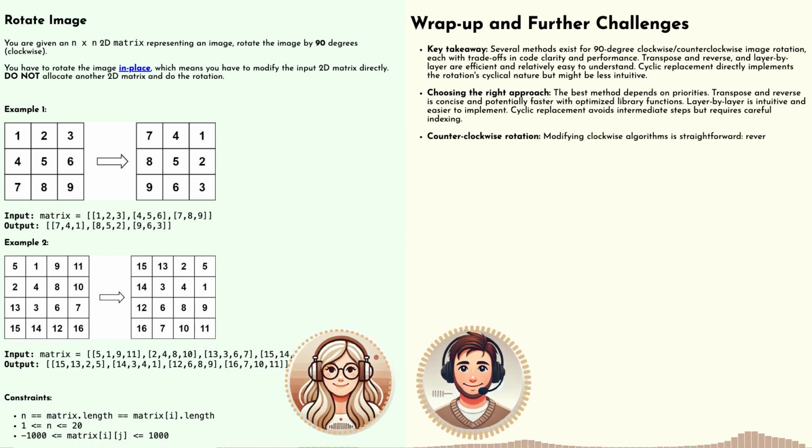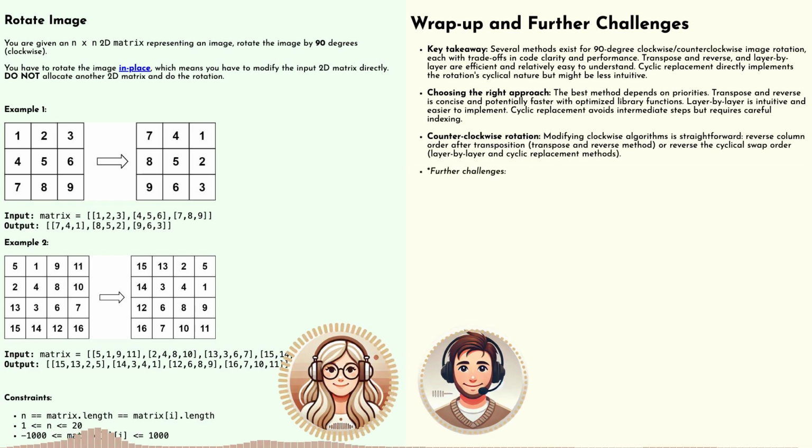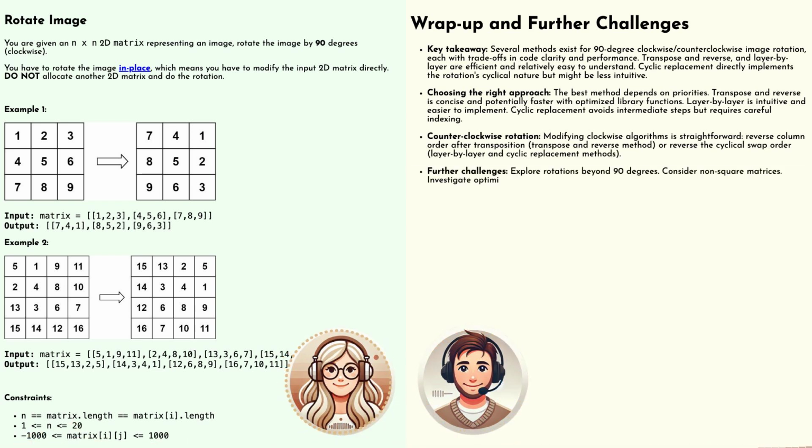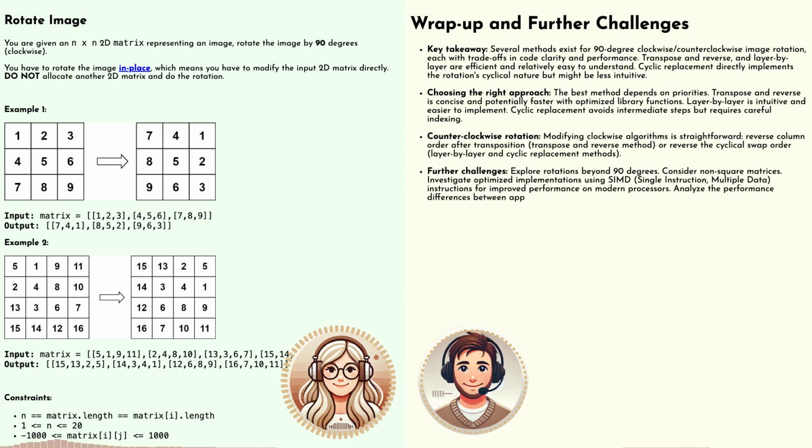Okay, so we're back and ready to tackle this cyclic replacement thing. All right, this is where things get really interesting. I'm excited. So both transpose and reverse and layer by layer, they kind of use cyclic replacement already. But this next method uses it in its purest form. So those other two were hiding it a little bit.